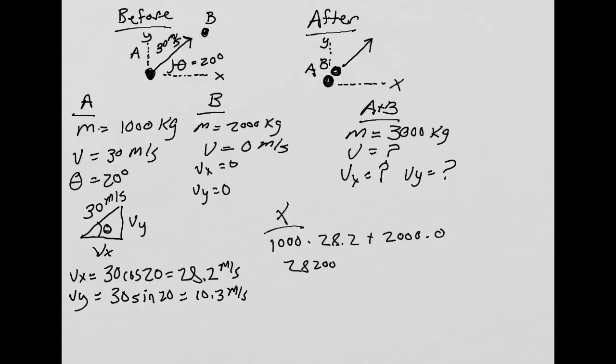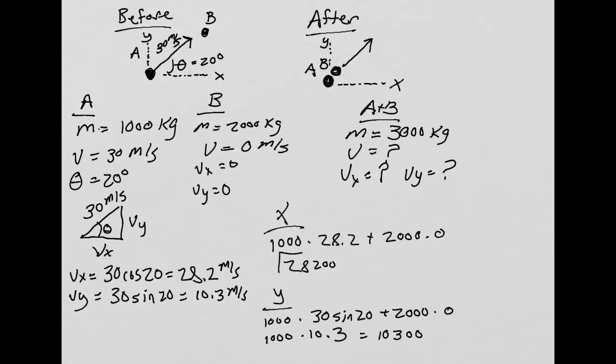In the y direction, we have 1,000 times our Vy, which is 30 sine 20, plus 2,000 times 0. So that is 1,000 times 10.3, which is 10,300.